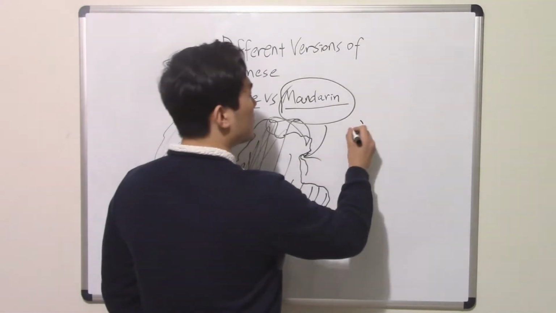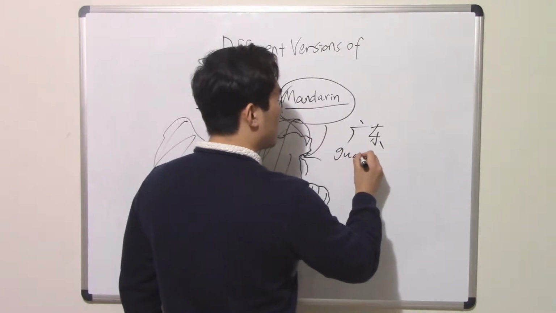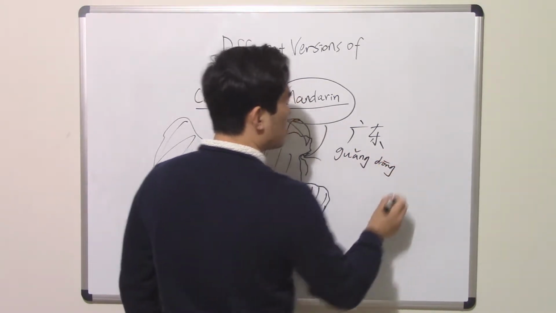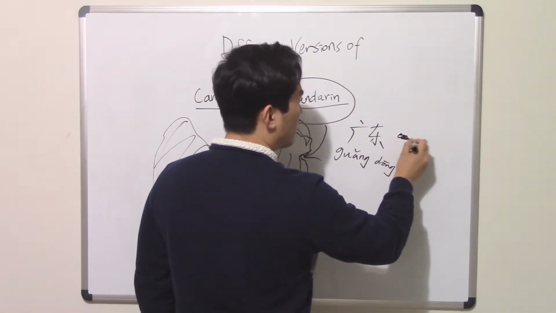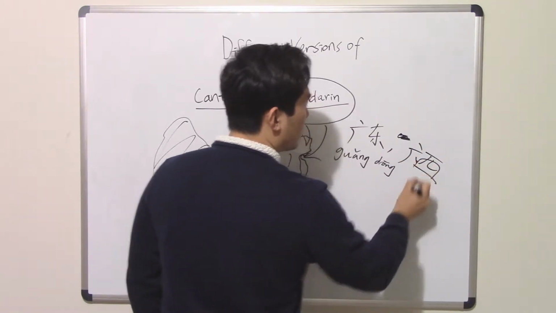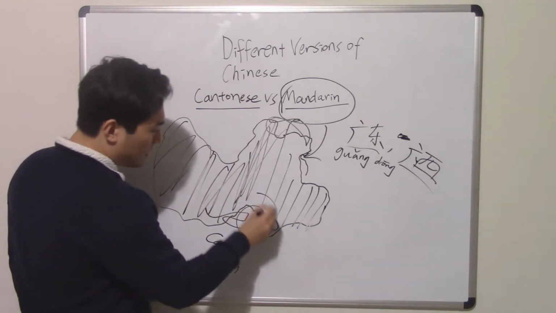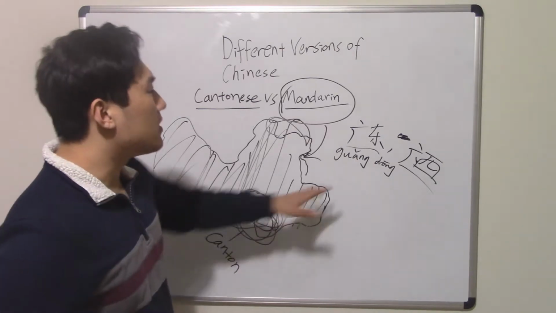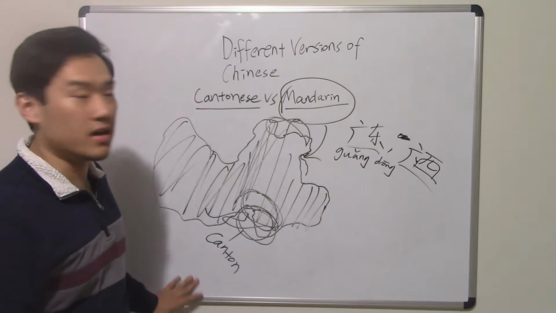I think it's this one, Guangdong, and also I think Guangxi as well. So this is one state, that's another state. Basically these two states in southern China speak this, and the region is called Canton.